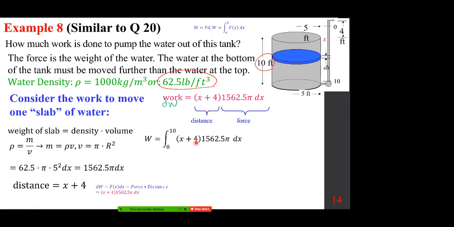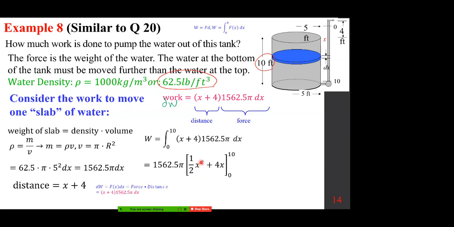I hope everybody is comfortable with all of this explanation. From physics is the hardest part. I hope everybody is comfortable with that. This gives you 1/2 x squared. This gives you 4x, everything times this from 0 to 10. So this number is fixed. We keep it. This becomes 1/2 x squared. This becomes 4x, 0 to 10. And now plug in.